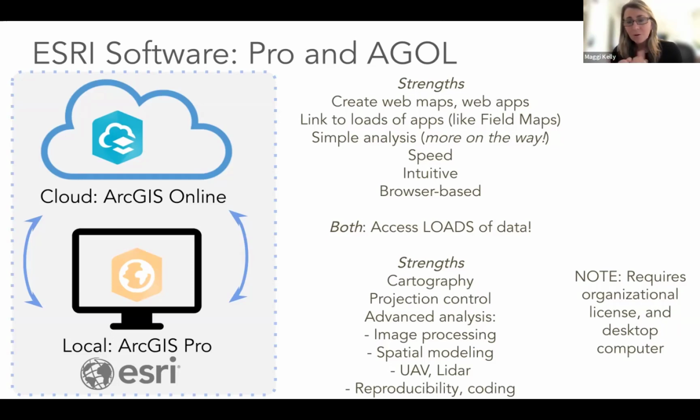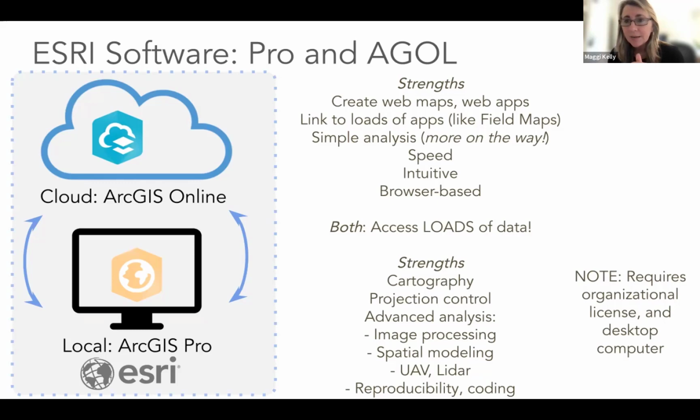ArcGIS Pro, this we're going to do today, the strengths are really in this sort of deep analysis of spatial data, really good control of cartography and design, great control of your projections and your data, advanced analysis like remote sensing, spatial modeling, working with UAV, LiDAR data, and working with coding.